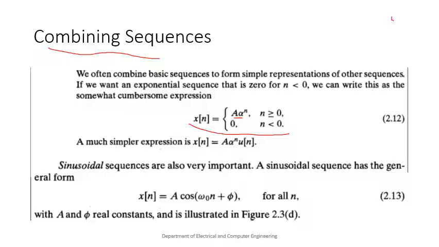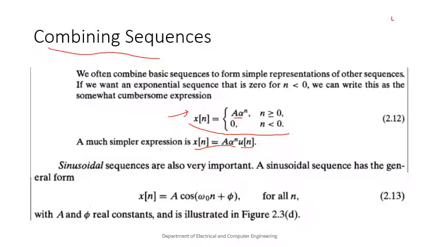But here we have a restriction on n: n must be greater than or equal to 0. So I can combine a, alpha to the n with u of n, because u of n is on the positive side only.